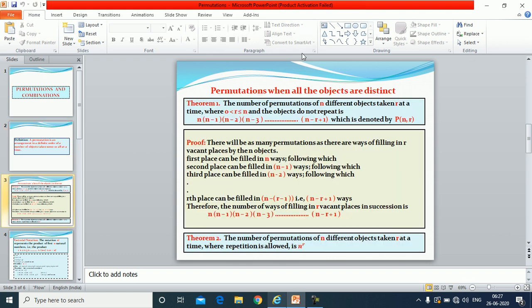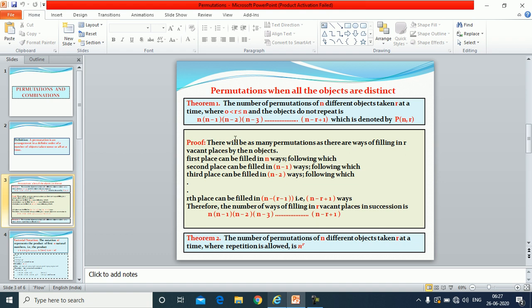Now we will see under different conditions how permutations can be obtained. This says permutations when all the objects are distinct. We have seen through the fundamental principle of counting how various positions can be arranged.